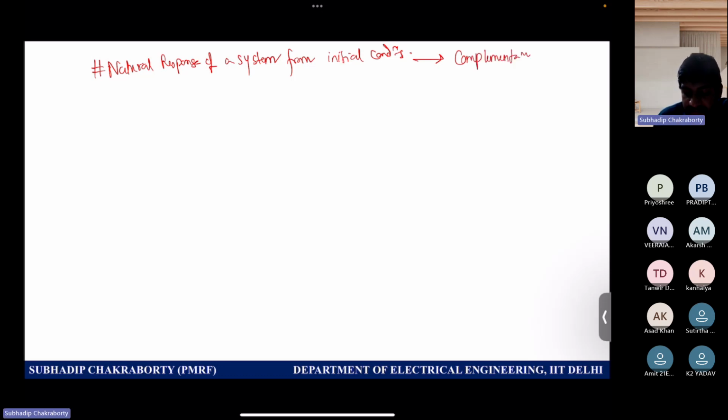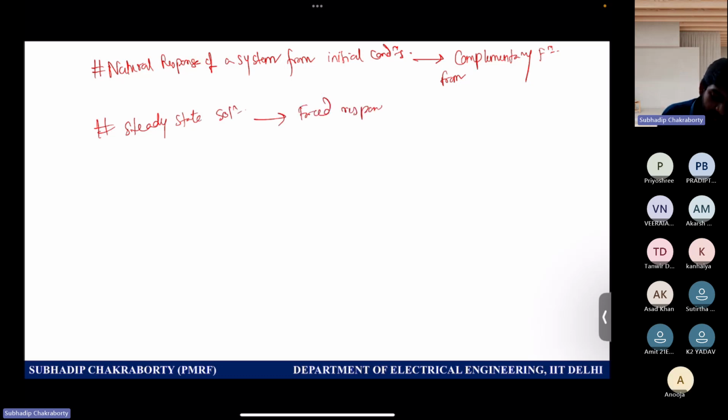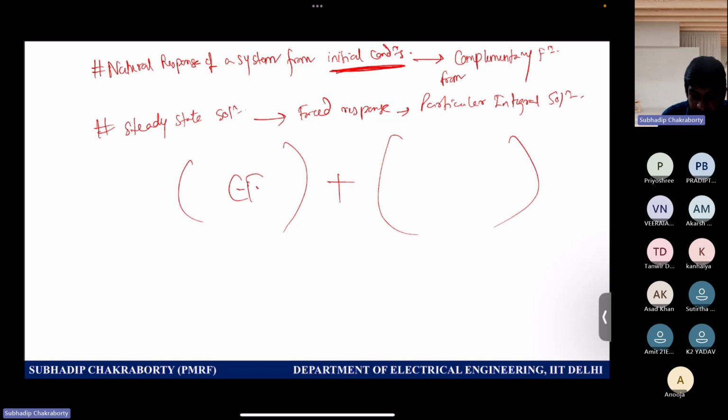And the steady state solution, that is the forced response, you determine from the particular solution, the particular integral solution. So we write CF plus PI equals solution, or response, you can say.